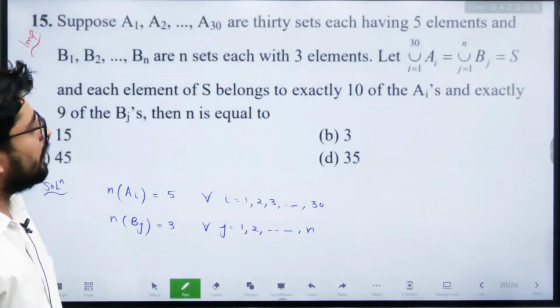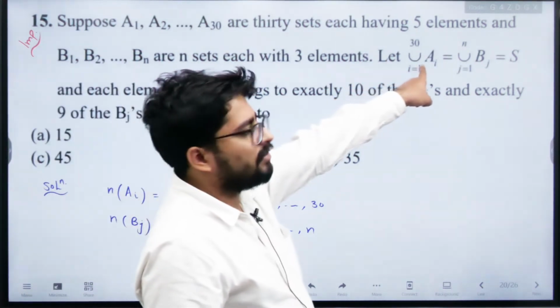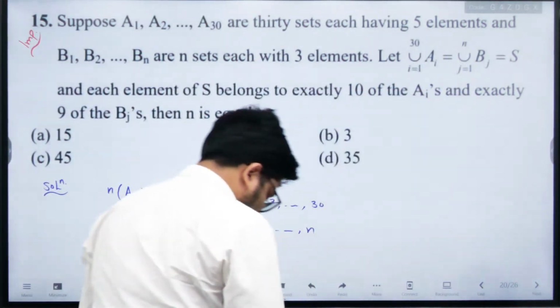Now we are given the union of the Ai. This data is important.